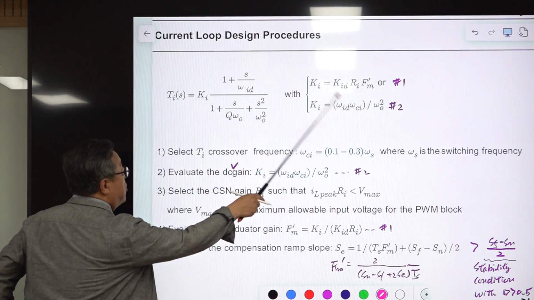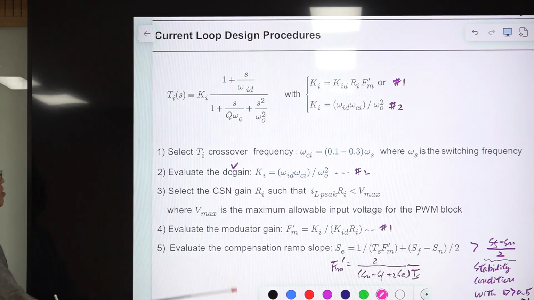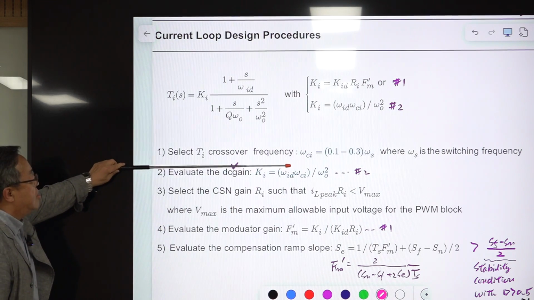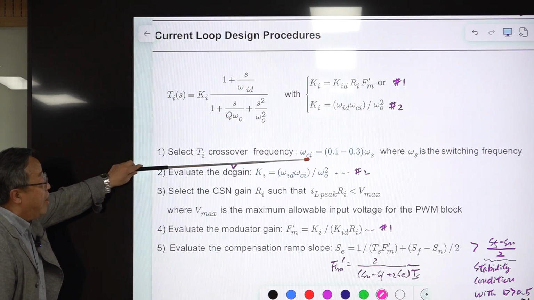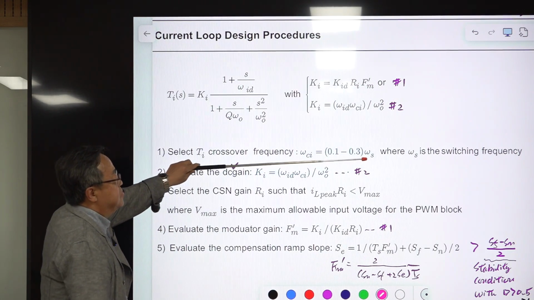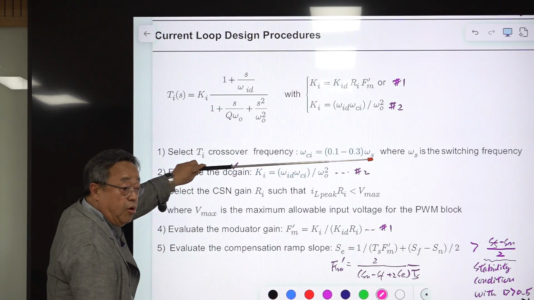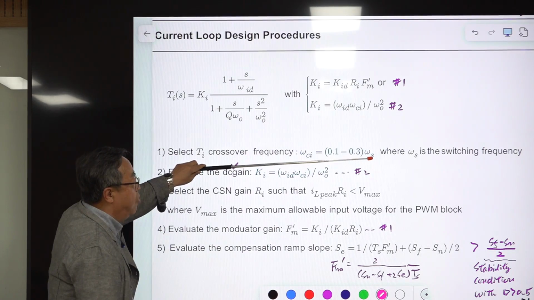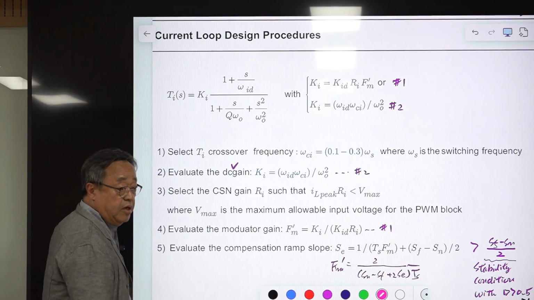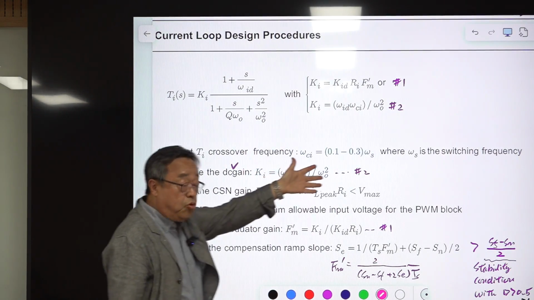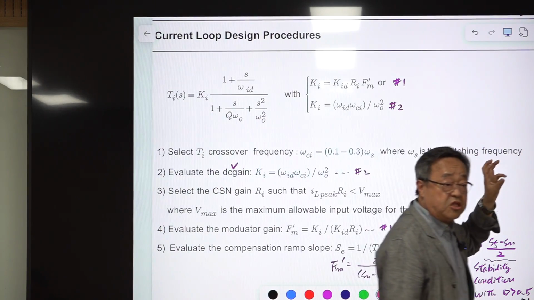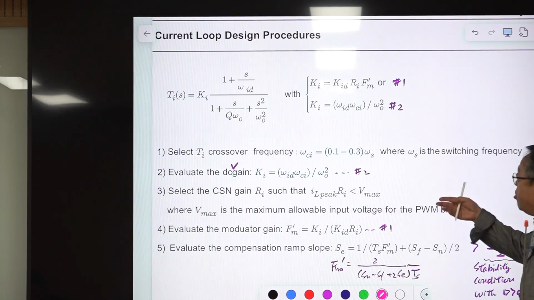So there is good potential in these two equations. So the first step is to select the Ti crossover frequency omega Ci between 10 to 30% of the switching frequency. Okay, you know the reason, but the detailed discussion about this will come later.